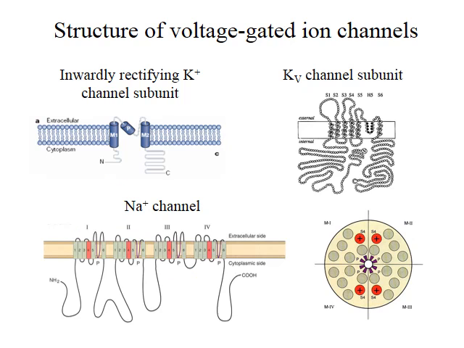The structure of several voltage-gated ion channels is shown in this slide. What we see here is the structure of an inwardly rectifying potassium channel subunit. This is a very simple channel and probably resembles some of the earliest channels that evolved. This contains 2 membrane-spanning domains, M1 and M2.